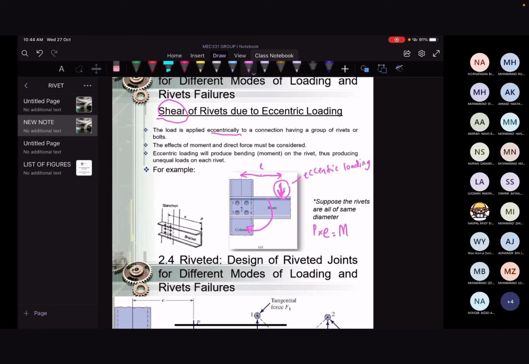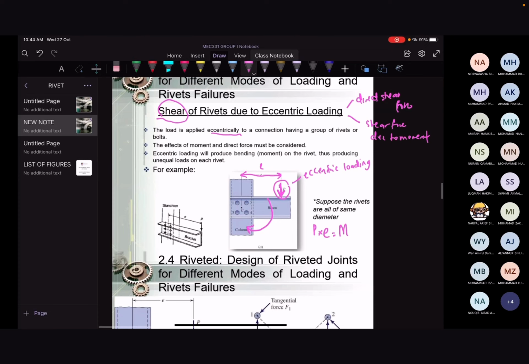Okay, so therefore in eccentric loading, the shear force of the rivet will have two parts: direct shear force, and another one, shear force due to moment.